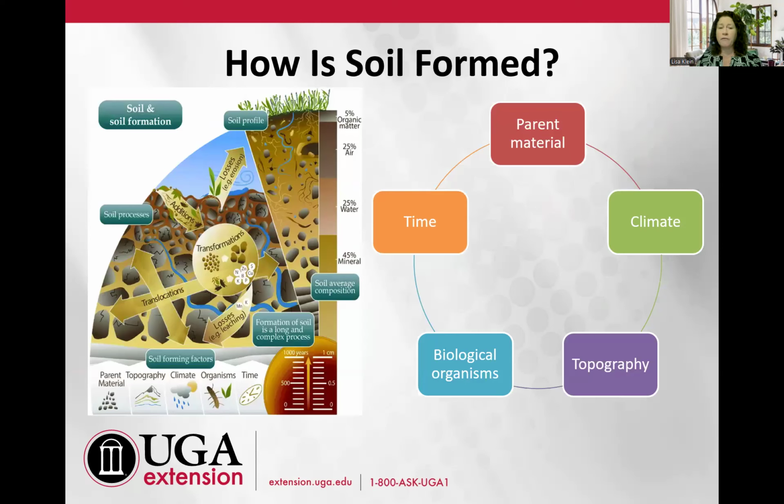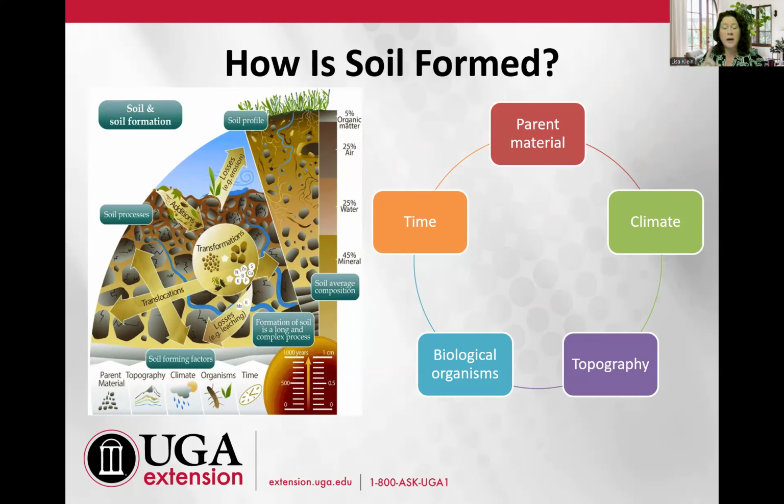All right, how's soil formed? Well, that's a good question. Most of you are probably aware there's a soil horizon, and there's different labels, if you will, to that soil horizon. So basically, you're going to start out with usually some kind of rocky material. That's going to be your parent material. And then geologic time, we've all heard that, but that's a very long, long time.